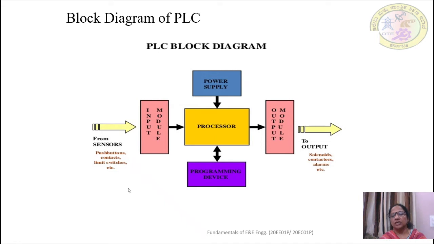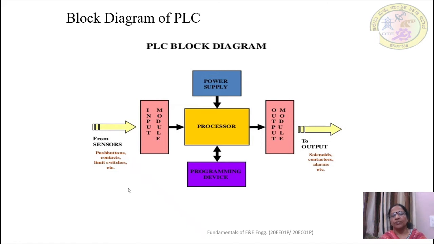This result is given out to the output world with the help of the output module. So the output will be given to the output devices like solenoids, contactors, and alarms, etc.